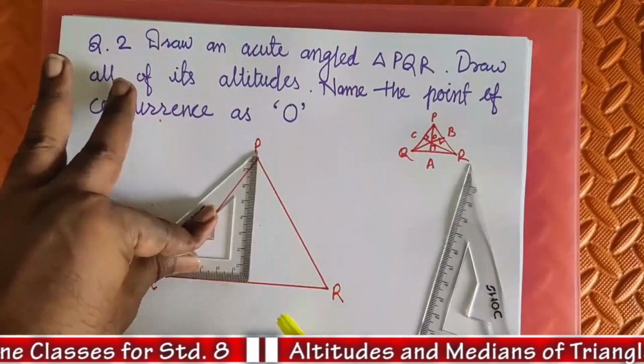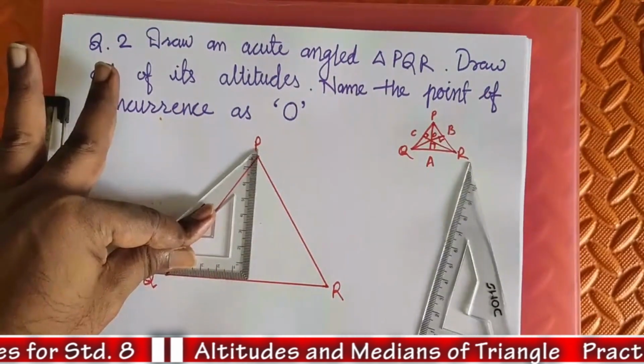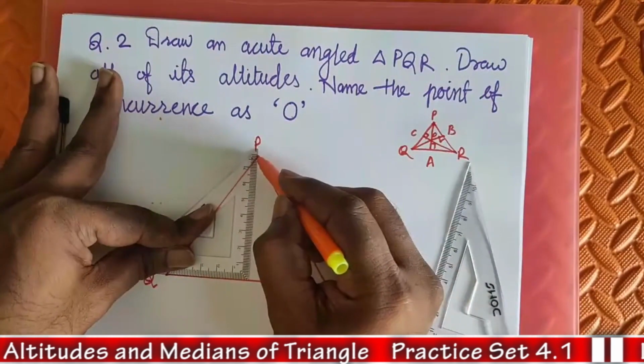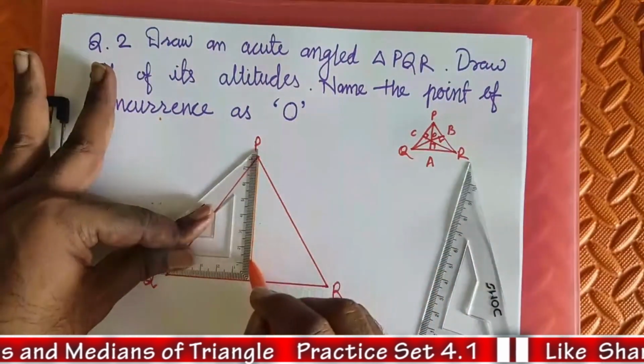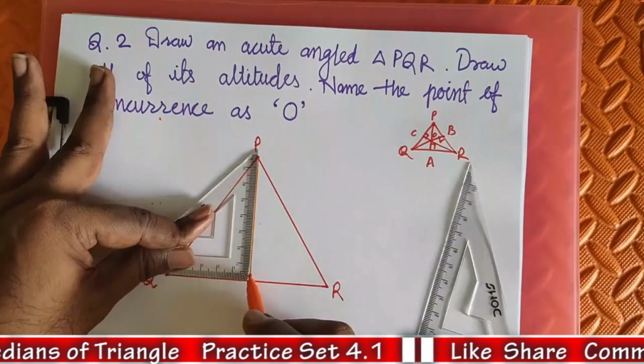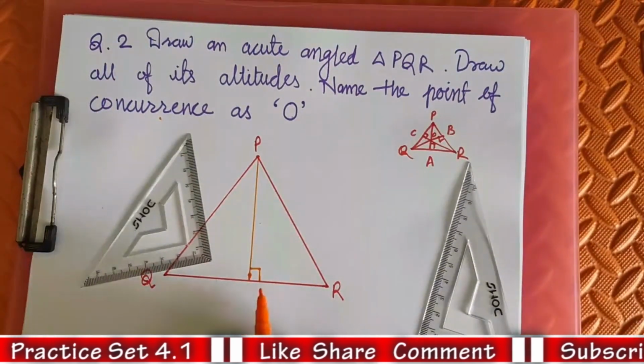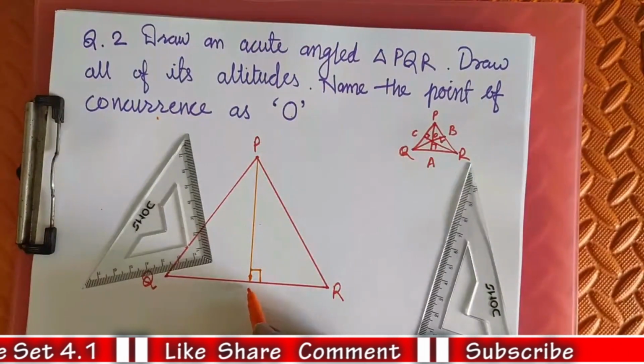Slowly you have to adjust it. Draw a vertical segment that will be your perpendicular. Give here name A.